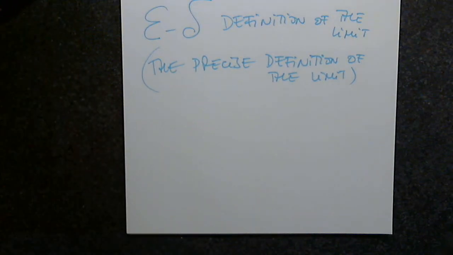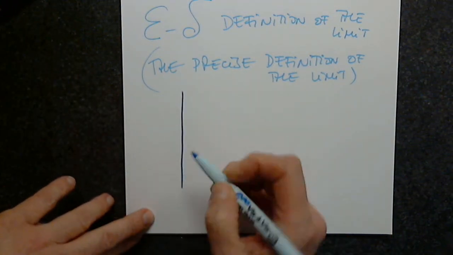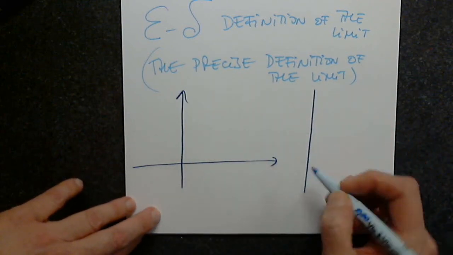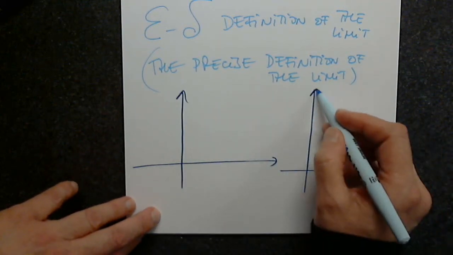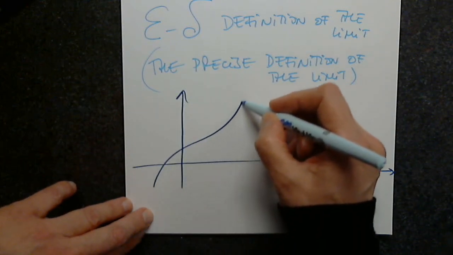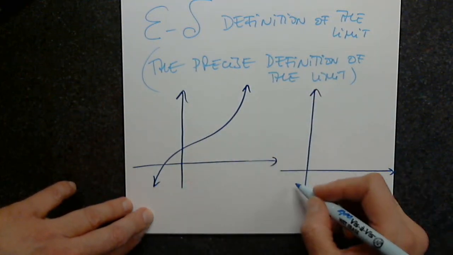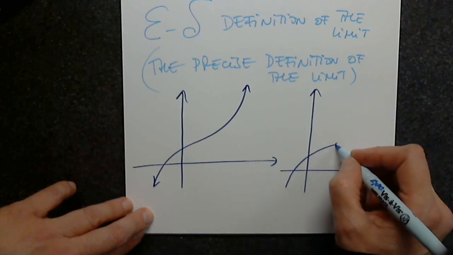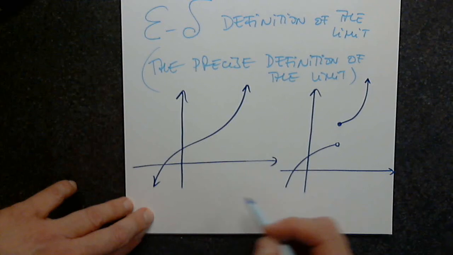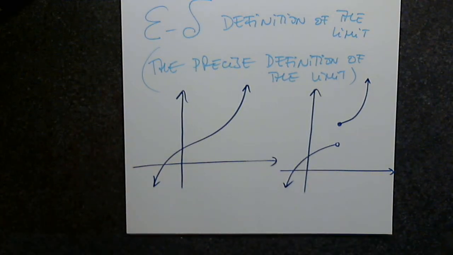So let's take a look by comparison at two different graphs. I'm going to use numbers for simplicity, but then when we write the definition, we are not going to use numbers.